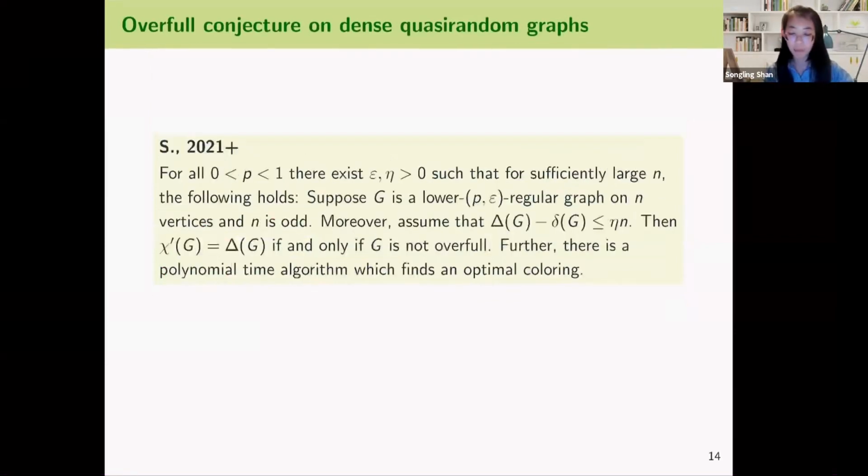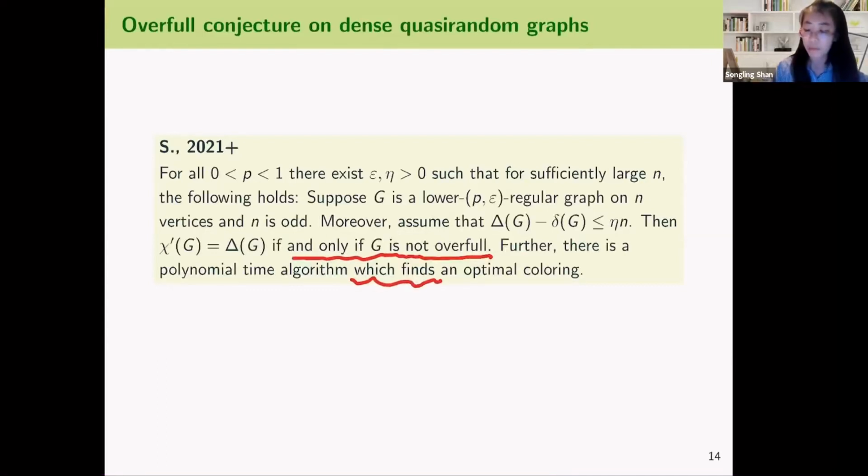And I proved their conjecture. The statement here is a little bit different. Instead of saying G has no Delta(G)-overfull subgraph, we just have if and only if G is not overfull. And also we can find a polynomial time algorithm to give an optimal coloring.